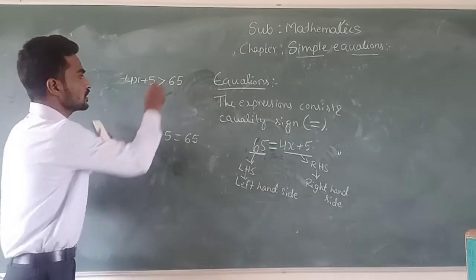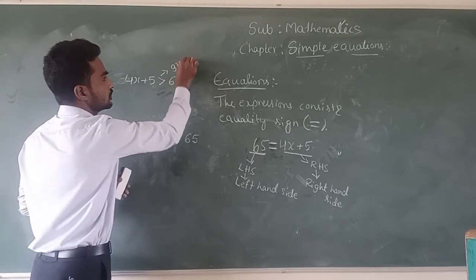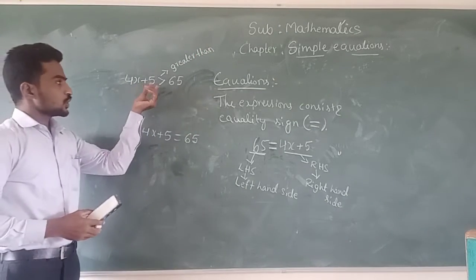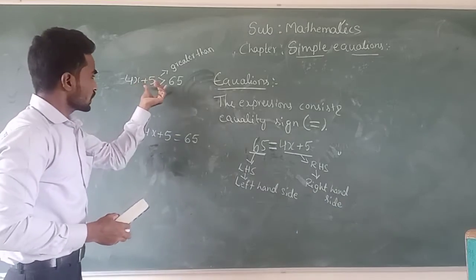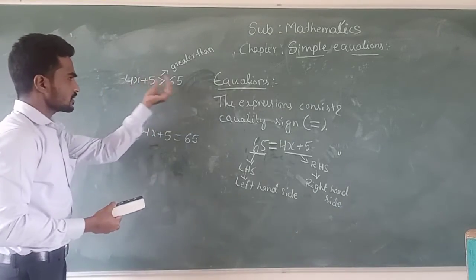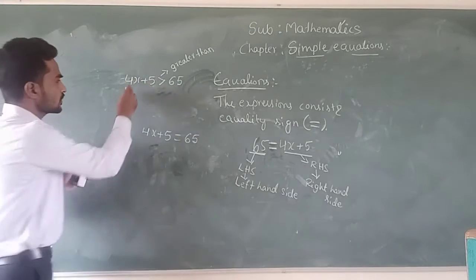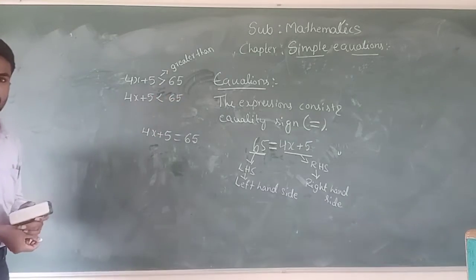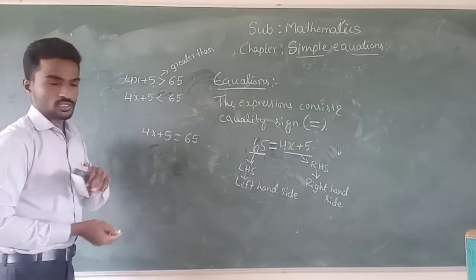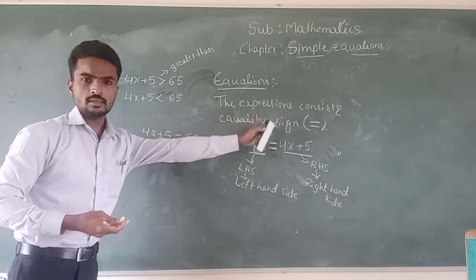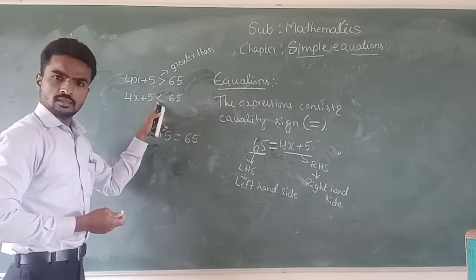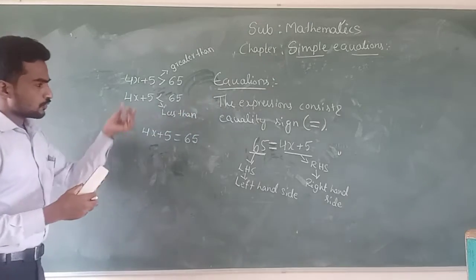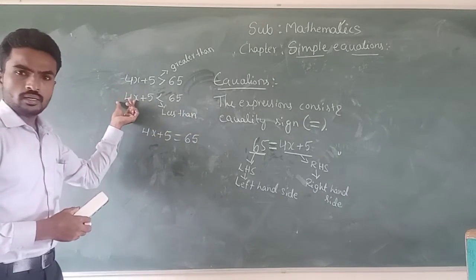Here it is the greater than sign. Therefore it is not an equation. Another example, 4x plus 5 less than 65. In this expression there is no equality sign, just the less than symbol. Therefore, it is also not an equation.